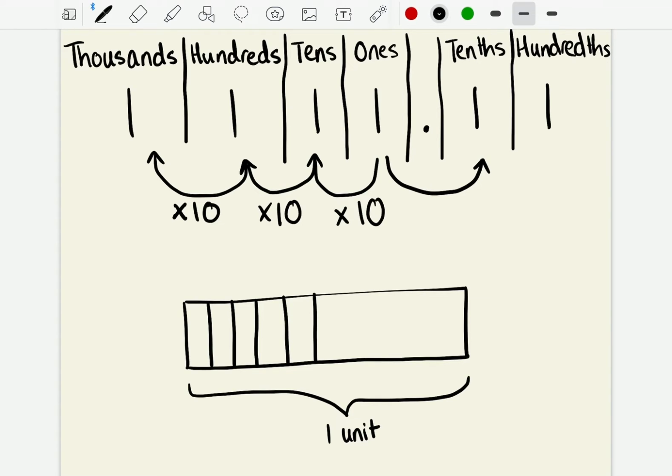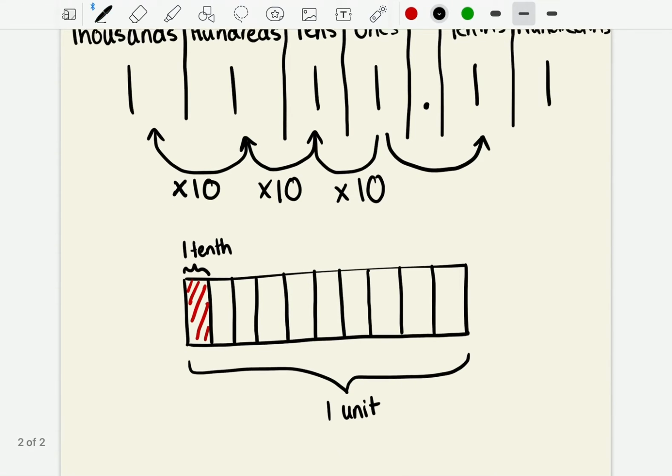I'm going smaller than a unit. It's divided up into 10 parts. 1/10 is just one of those parts. So this little part here, let's colour it in so we can see very clearly. That's 1/10. And I can see 1/10 is 10 times smaller than a unit.